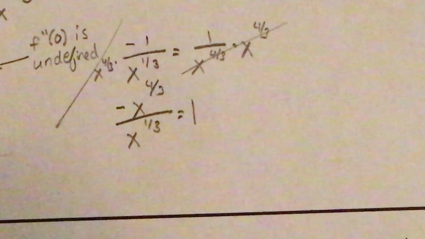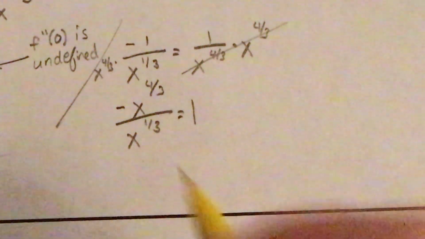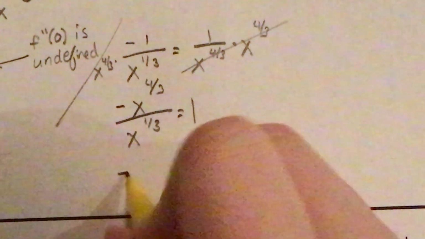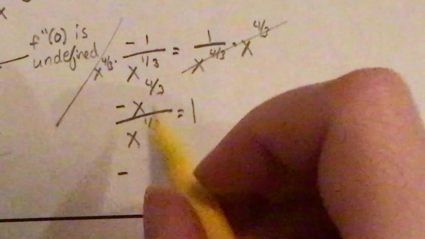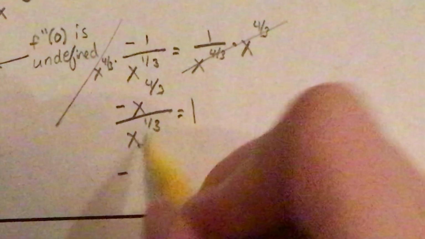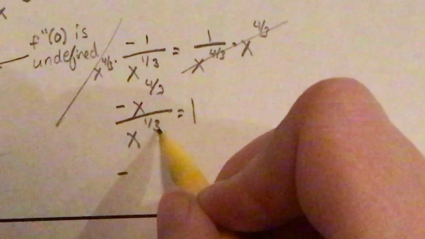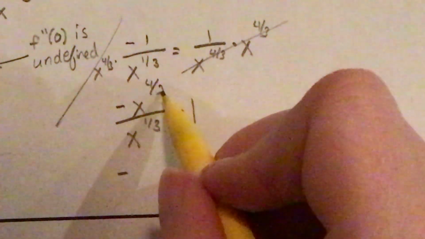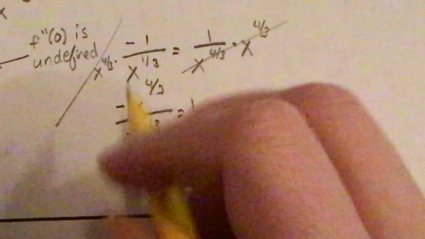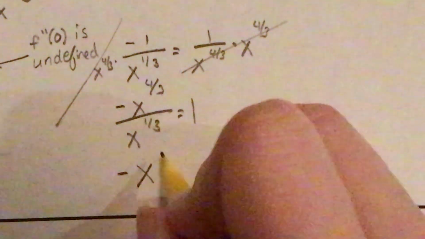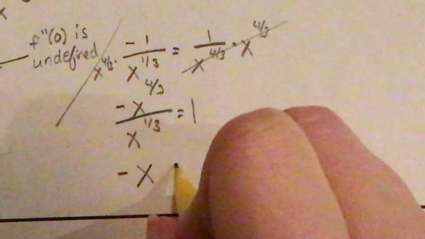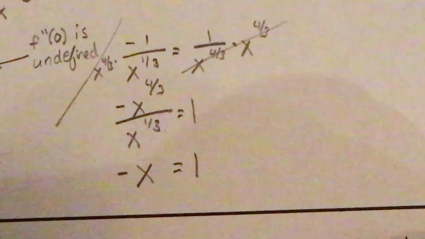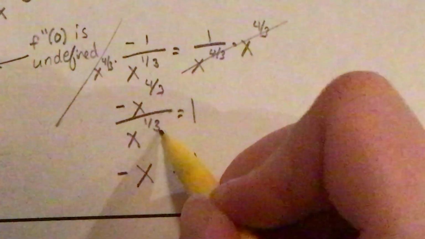And then let's use some algebra 1 exponent rules. Negative x to the 4/3 over x to the 1/3. If you have the same base, you can subtract your exponents because it's division, right? 4/3 and 1/3 subtracts out to be 3/3. 3/3 is 1, so that's just x. 4/3 minus 1/3 is 3/3, which is 1.